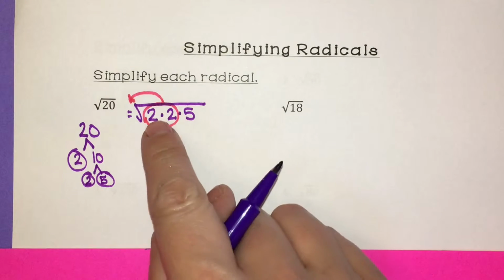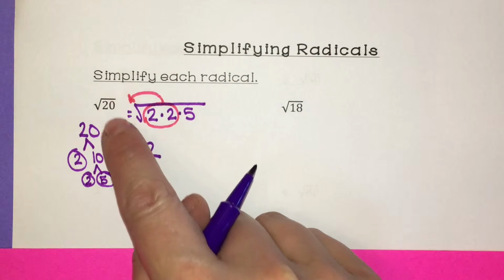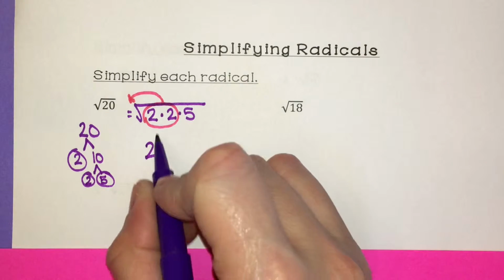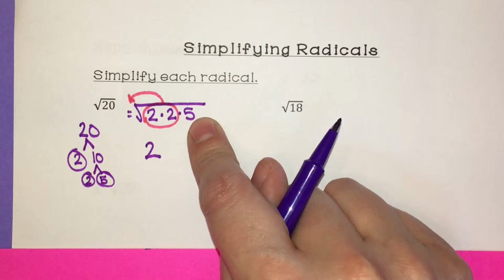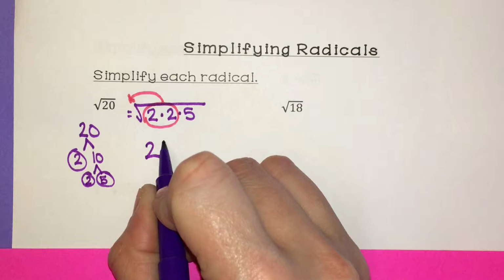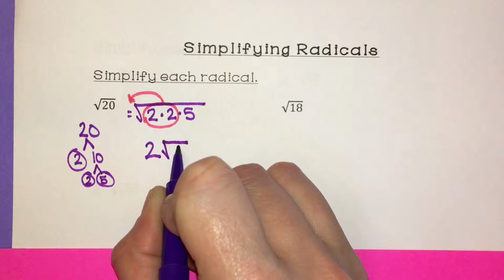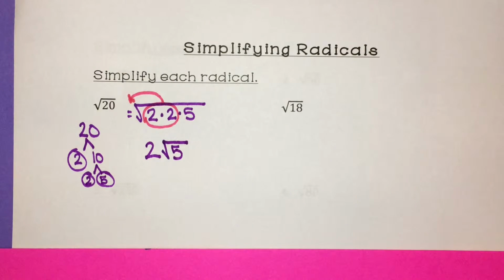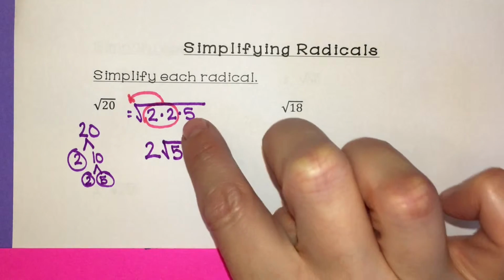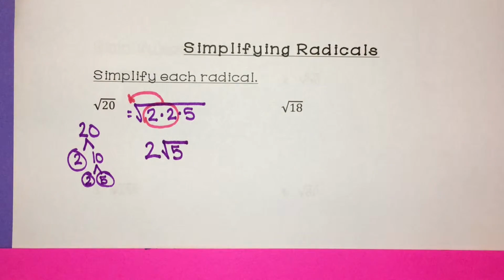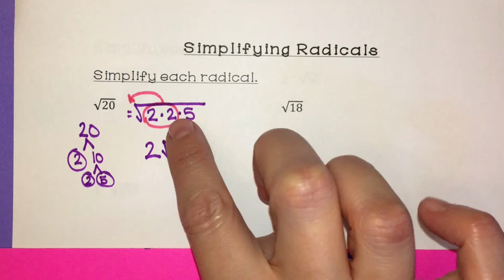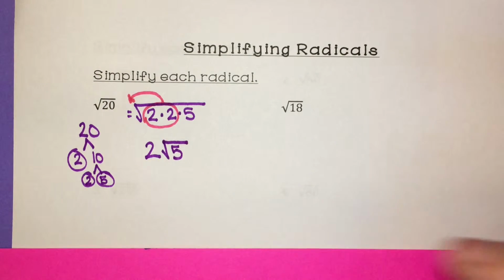Anytime you have something multiplied by itself under the square root, it can come out. And what's left all alone stays underneath the square root. So 5 has to stay there because it's not multiplied by another 5, where 5 would be able to come out if it had another 5 that it was multiplied by.